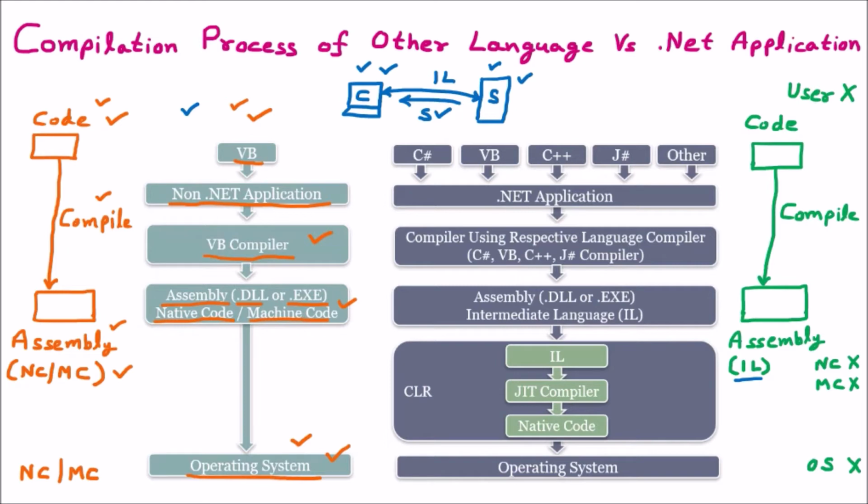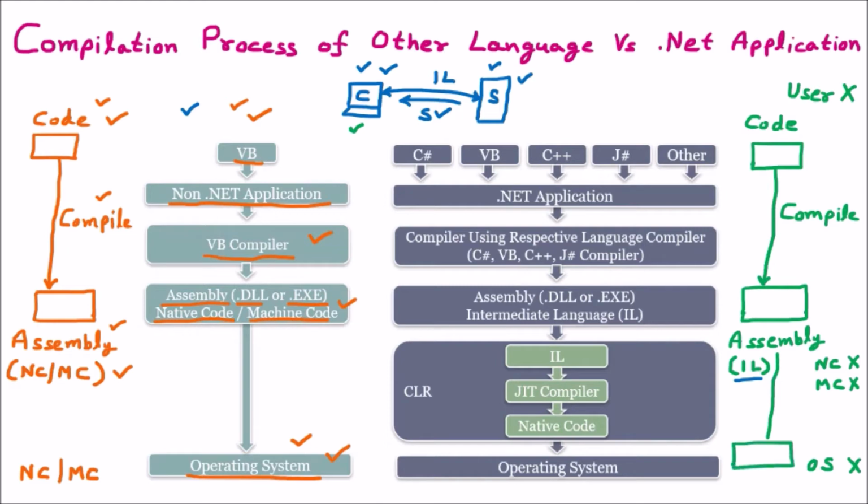Now let's assume if we talk about the client server, now client is having the intermediate language. So what is going to happen? How would the client run it? So here afterward, this intermediate language will be further converted to the native code or the machine code.